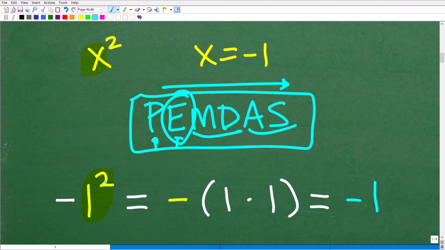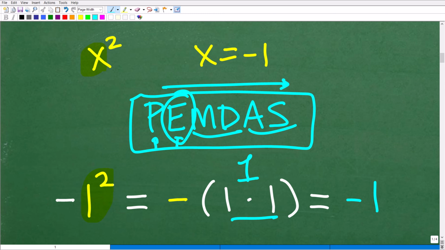Now you might be saying, well, isn't this exponent 2 acting on this -1? No, not the way it's written, and I'll show you how to distinguish between -1 squared and this expression. This is negative, the opposite of 1 squared. This is what this is saying in mathematics. So 1 squared is what? Well, it's 1 times 1, so that's going to be 1.